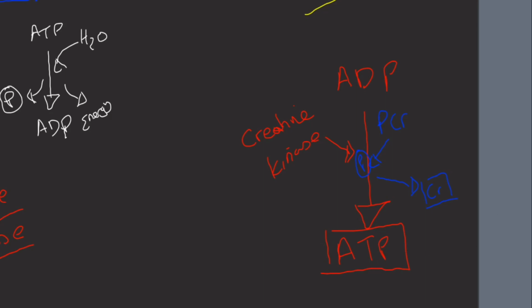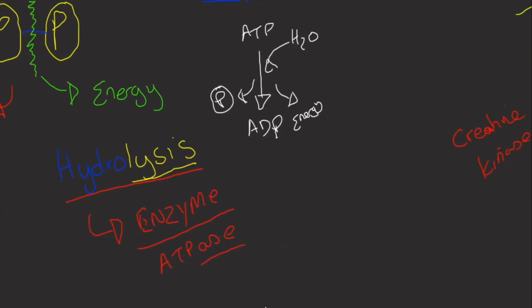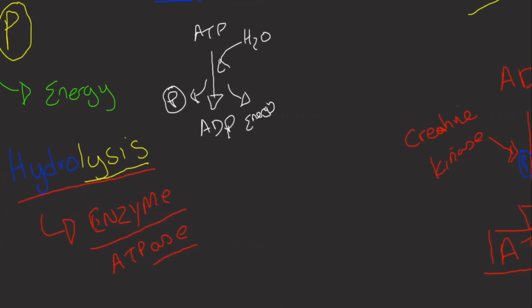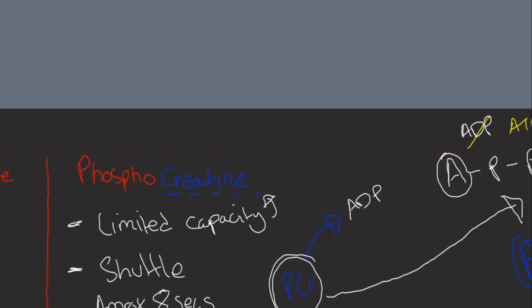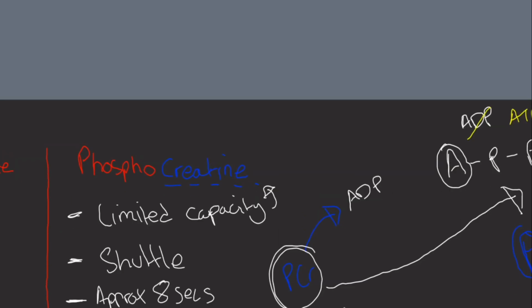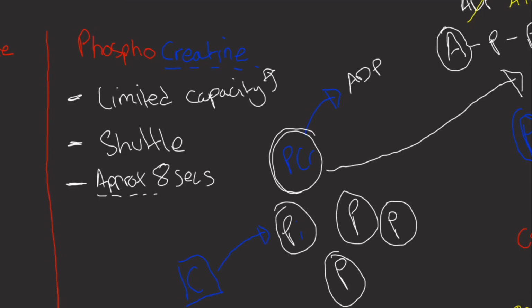So, overview: the ATP-PC system, the adenosine triphosphate phosphocreatine system. Functional duration of approximately 10 seconds in total, 2 seconds for ATP breakdown, 8 seconds for creatine phosphate shuttling to the ADP.